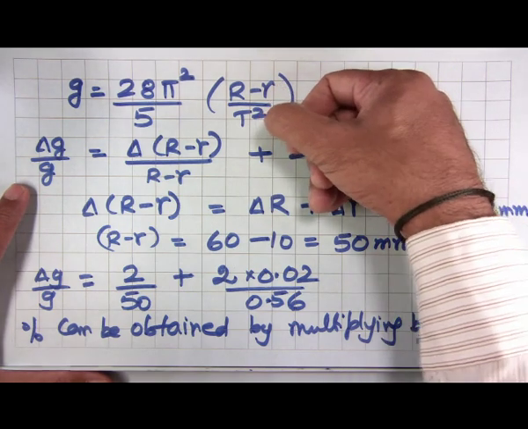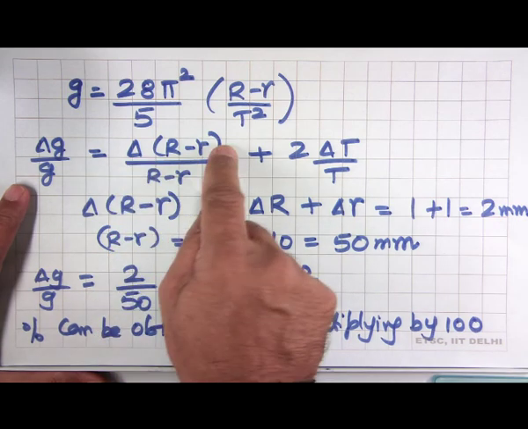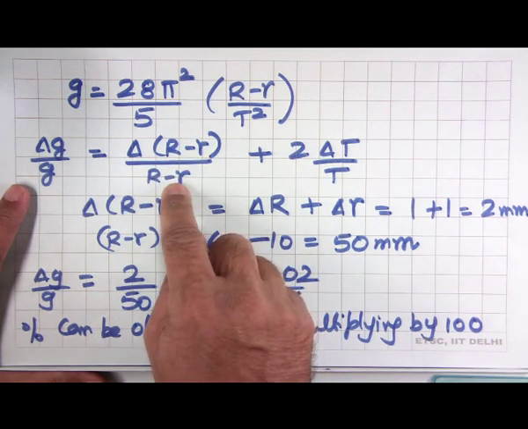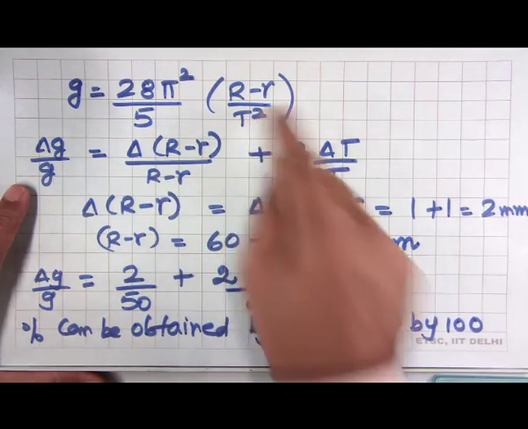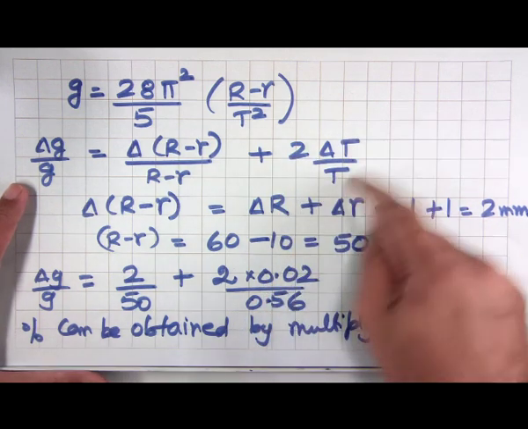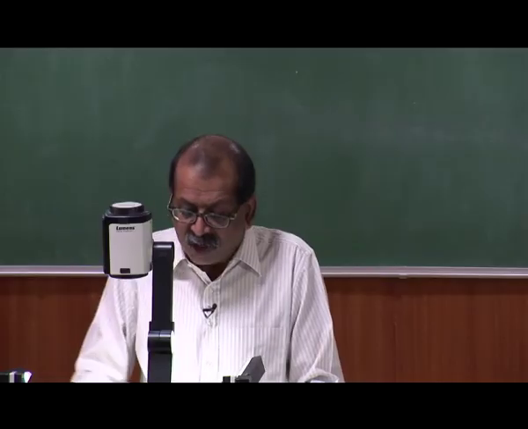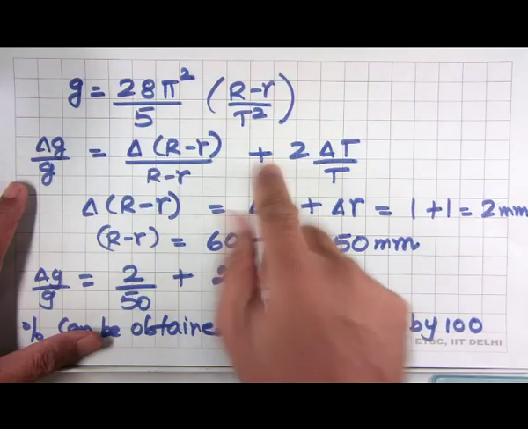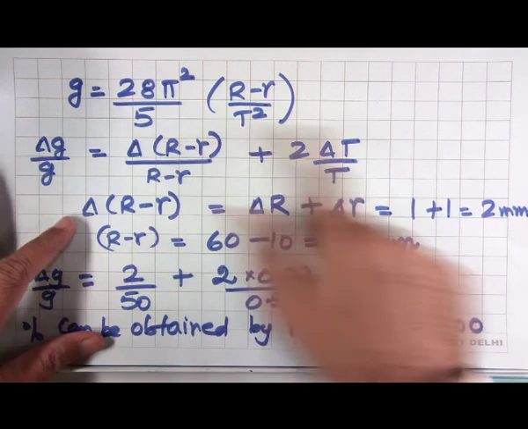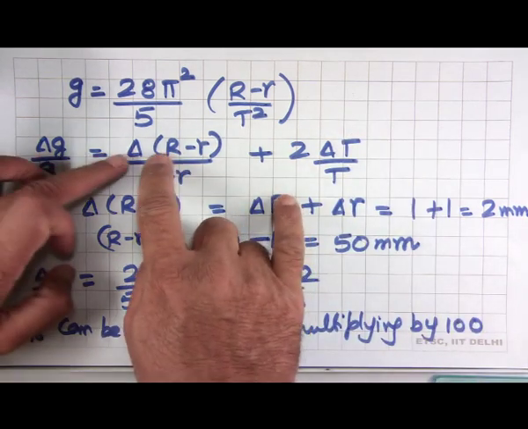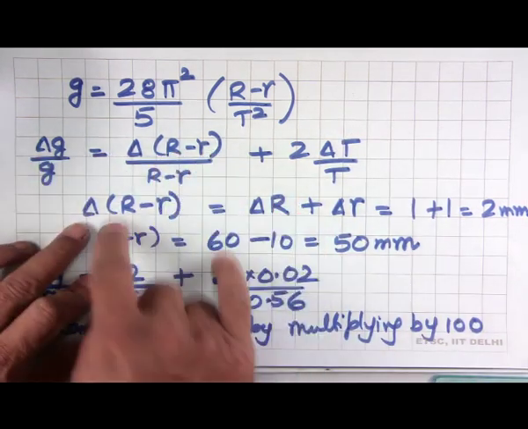So, this will be equal to error in R minus r divided by R minus r, plus, now there is a t square, so 2 times delta t by t. If you realize the rules we had seen, whether it is multiplication or division, we always add up the relative errors. So, this is delta G by G. Now, let us work out the error in R minus r.